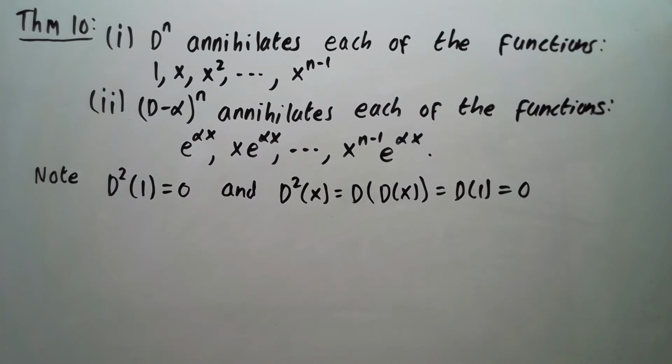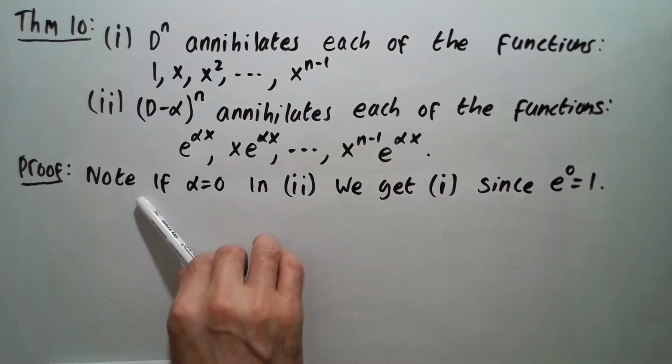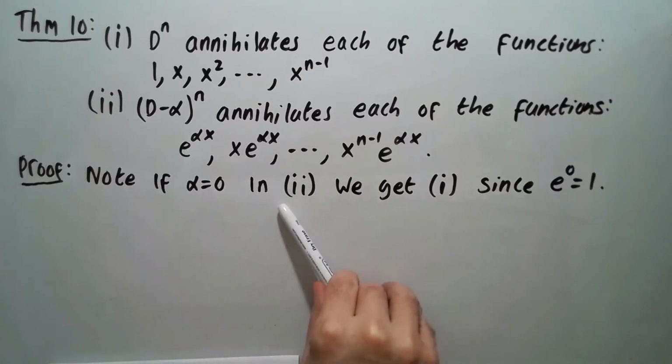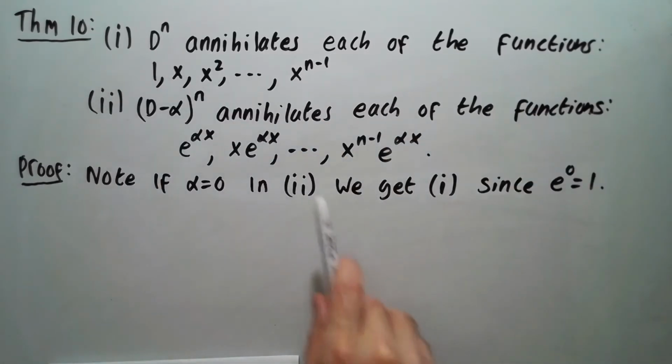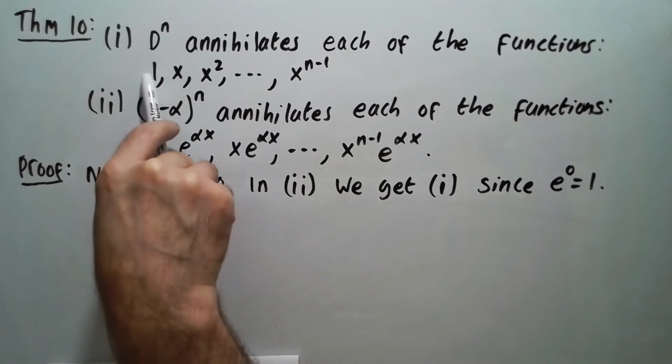Okay, now let's go back to the general proof. So first note, in part 2, if I let alpha equal 0, we get part 1, I claim. Why is that? Well, if you put 0 in place of alpha here, I'll have e to the 0, which would be 1.